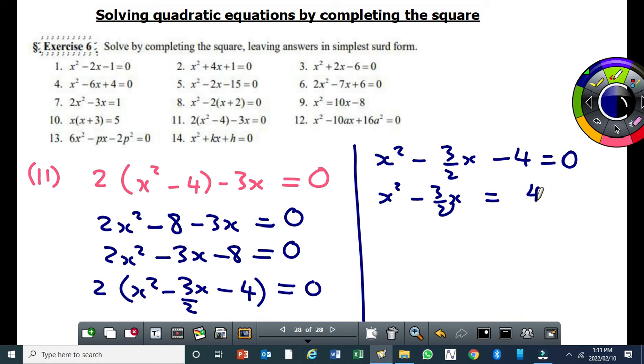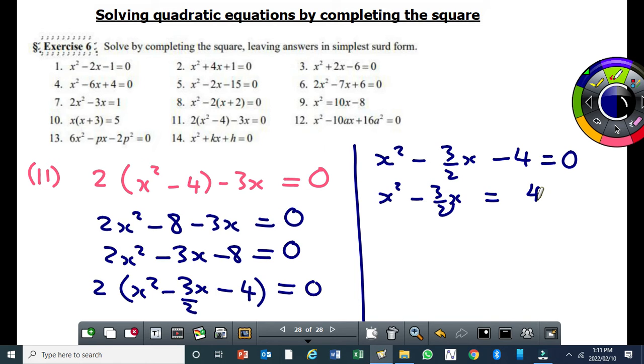Now, this technique of completing the square is not only important when you are solving quadratic equations. Later in grade 12, when you do grade 12 analytical geometry, you need to know this technique. Okay? Because there are some questions where you need to use it in grade 12 analytical geometry. Like so, from here now, we need to find half of the coefficient of x.